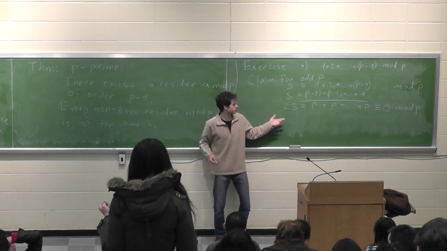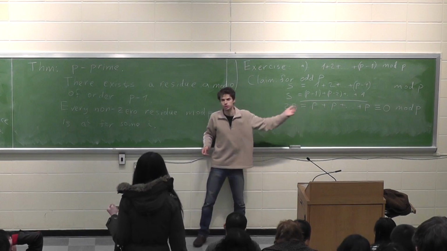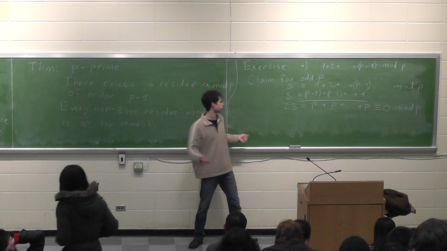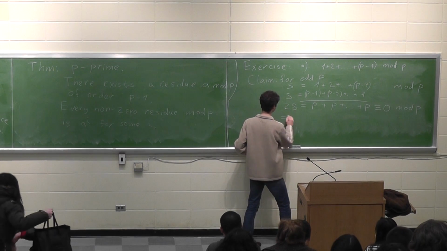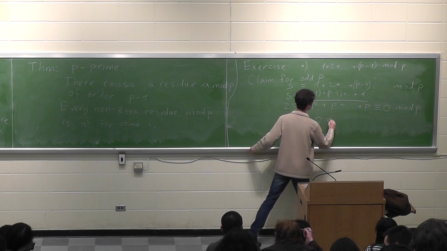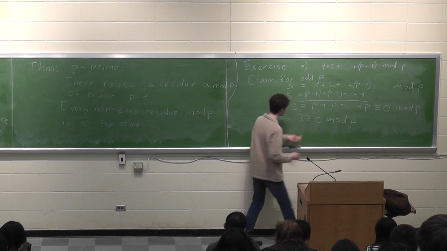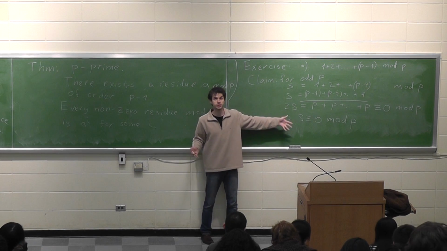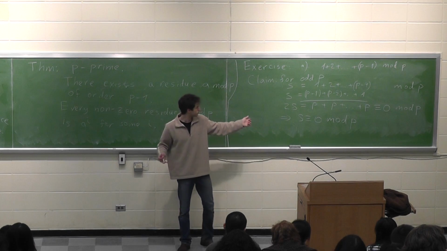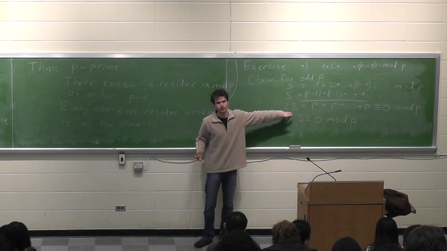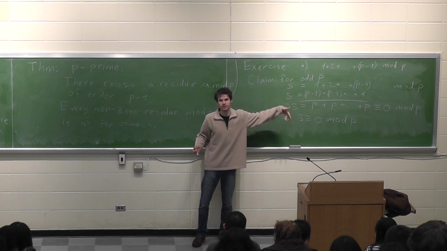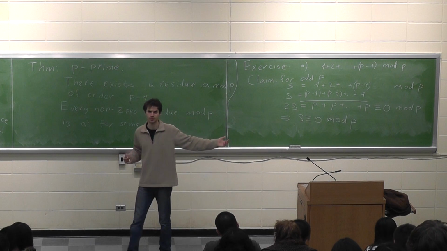And now, if 2 times s is congruent to 0 modulo p, then s itself is congruent to 0 modulo p. Here I am using the fact that p is an odd prime. Otherwise it could happen that twice some number is divisible by 2, but the number itself isn't.